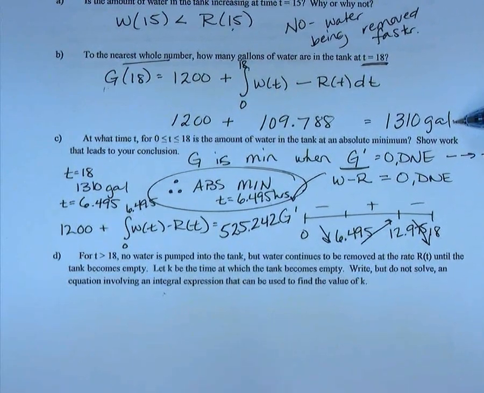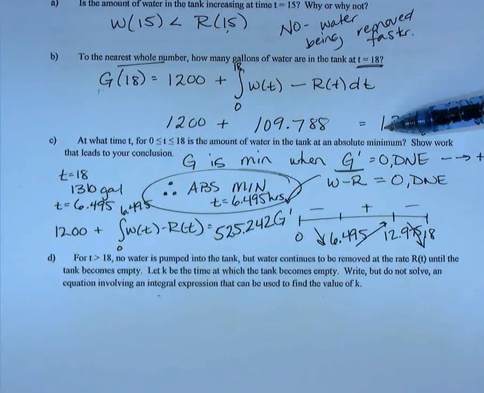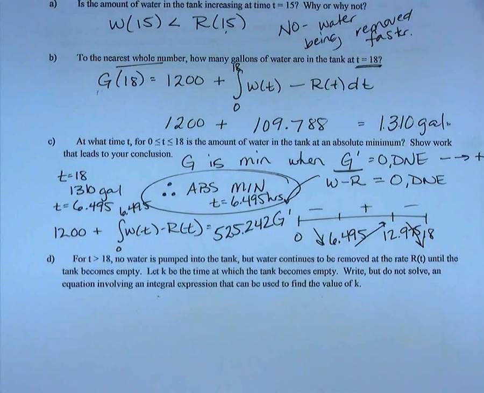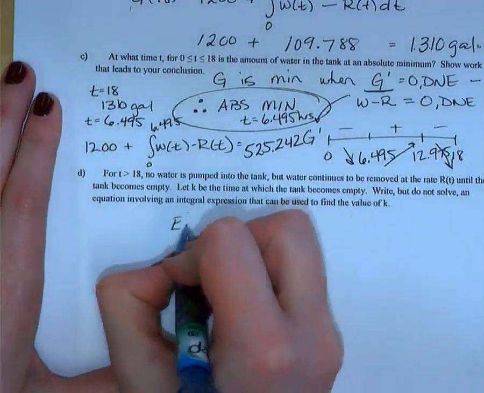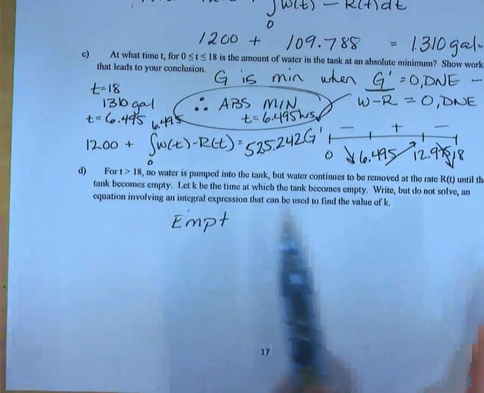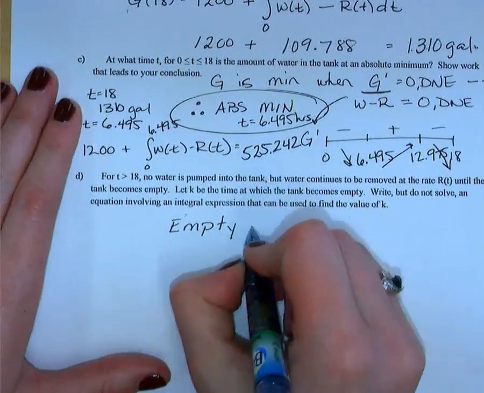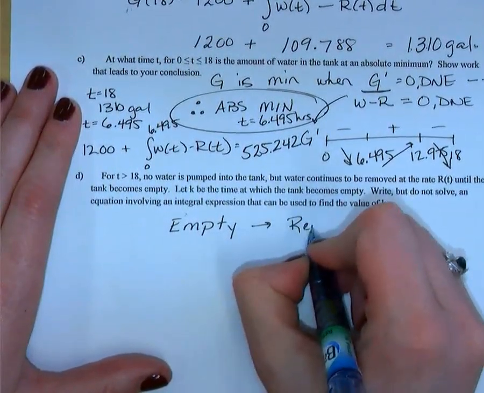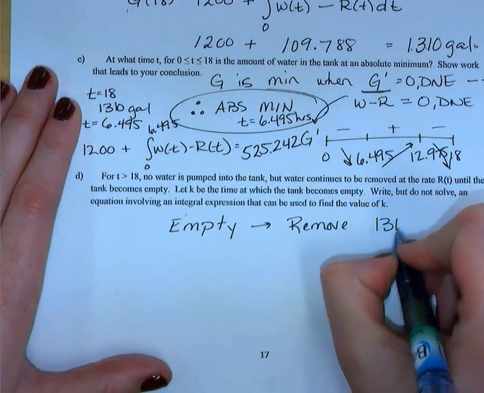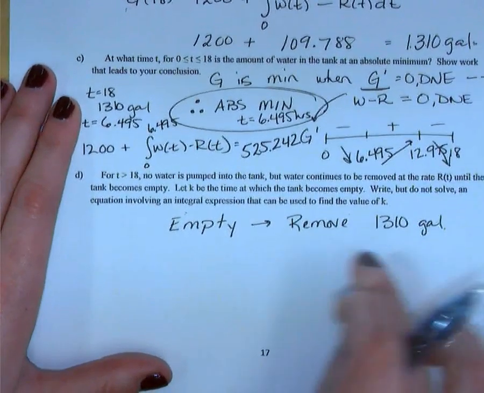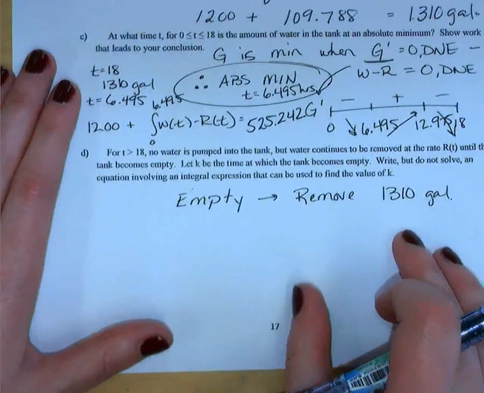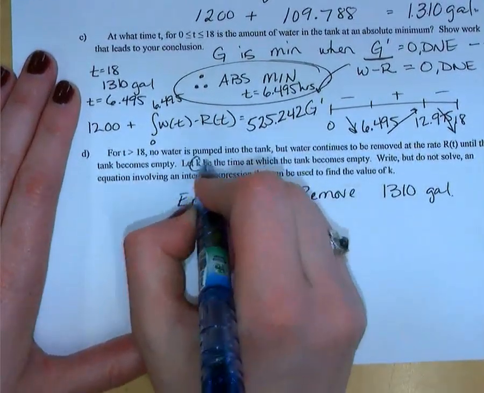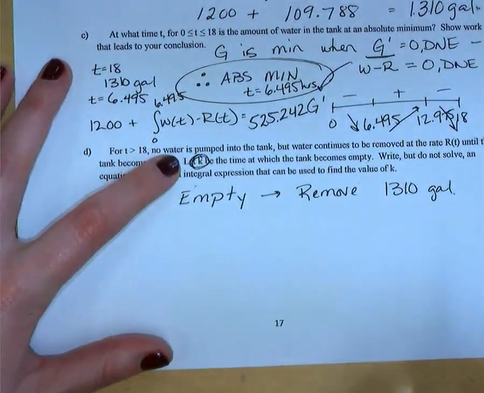So if I want the tank to be empty, I need 1,310 gallons of water to be removed from the tank. So what I'm looking at, if it's empty, and this is kind of like my scrap work here, if the tank is empty, that means I need to remove 1,310 gallons. That's my goal. So I need an integral expression to set that up. I also have to use K because they talked about that time. Okay?